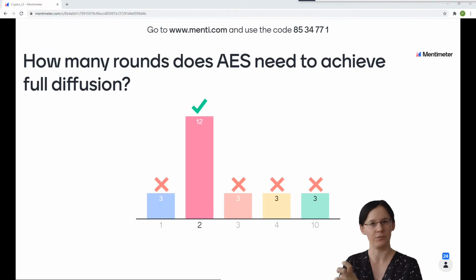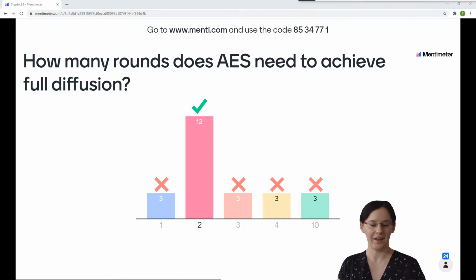But if you run for another round, then this influence is diffused to the entire state. So after the second round, every bit at the input has influenced in some way every bit of the output. Of course, this also holds for longer rounds, but this is the minimum number of rounds needed for full diffusion.